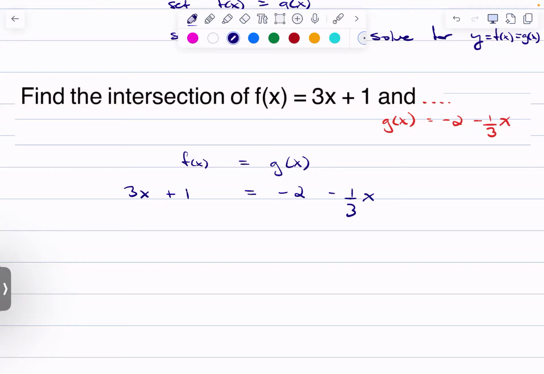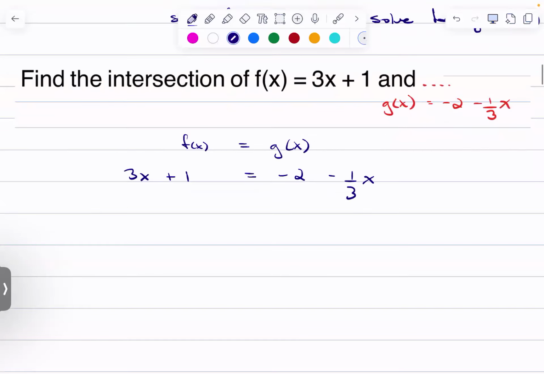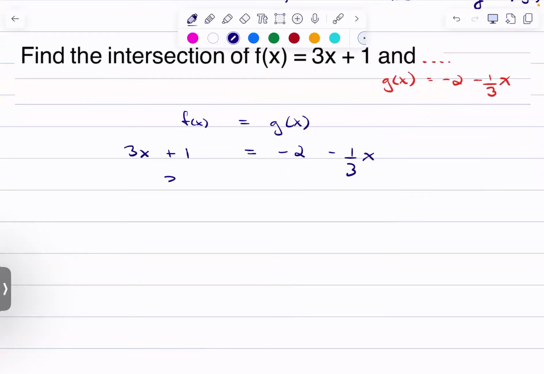I'm going to pull all my x's to the left-hand side and all my non-x's to the right-hand side, kind of in a group move. So that leaves me with 3x plus 1 over 3x is -2 minus 1.